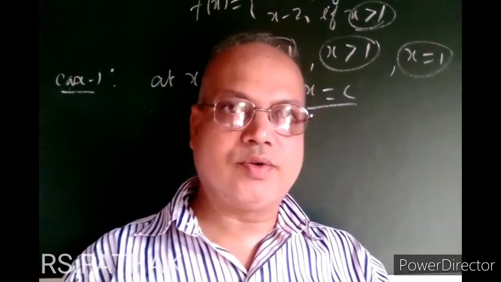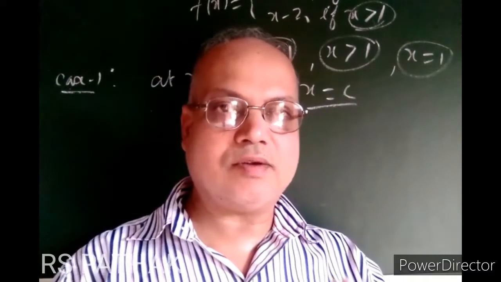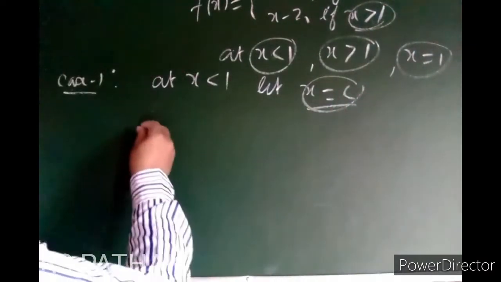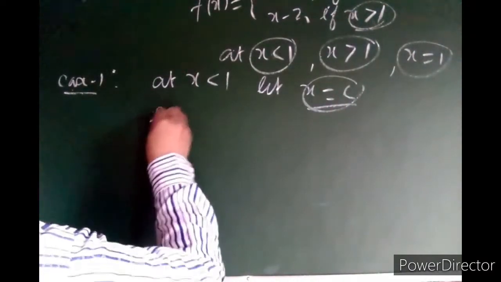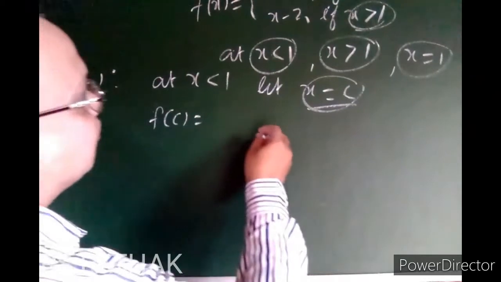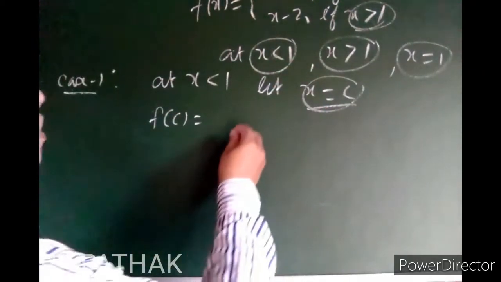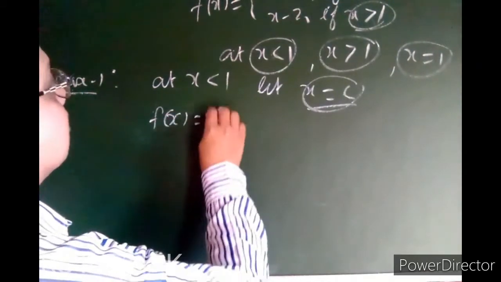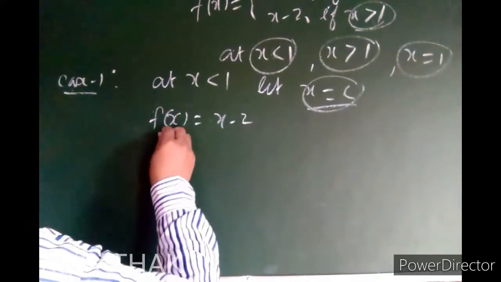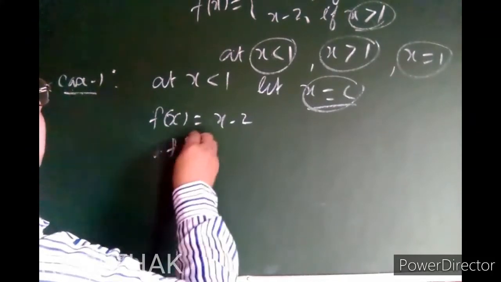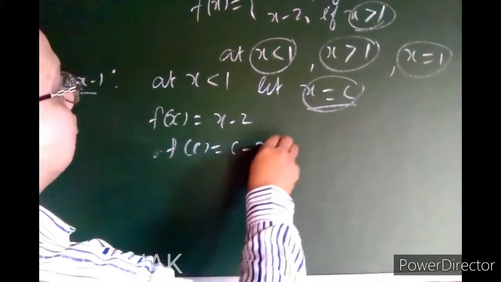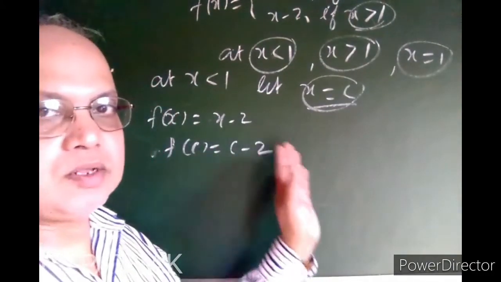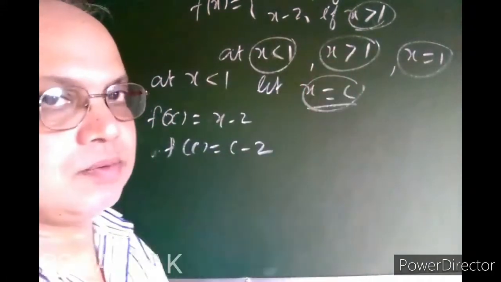For all the values greater than 1, let us suppose a particular point c. Then f(c) equals, since f(x) is x minus 2, f(c) equals c minus 2. This function is continuous for all the values which are greater than 1.